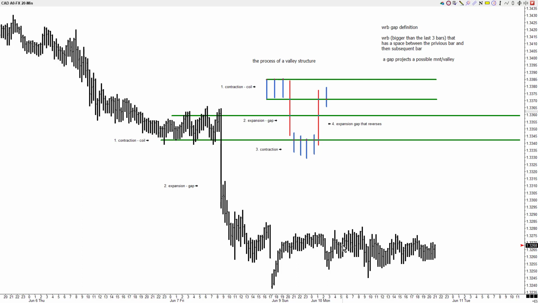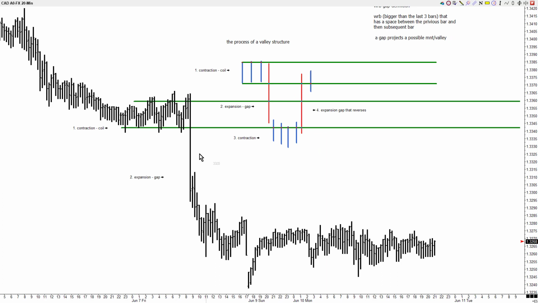So now, if you're watching price, and by the way, these come in relative form. You can see another gap here. See? And a smaller valley that goes through its thing and makes a smaller valley.